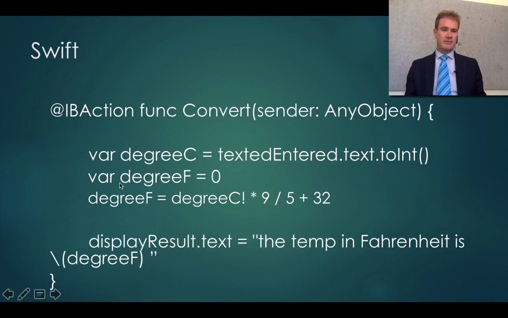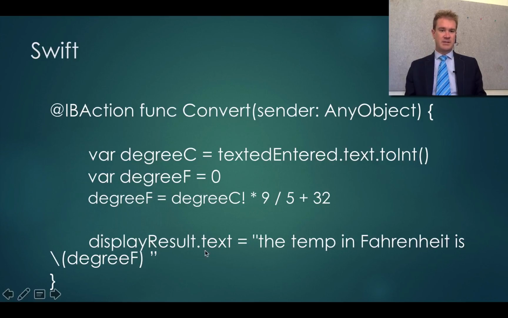Then you've got var, another variable declared, degreesFahrenheit equals 0. That's just declaring that variable. Then we go degreesFahrenheit equals degreesC, which we got from our text field, times 9 divided by 5 plus 32, and that's the conversion between degrees C and Fahrenheit.